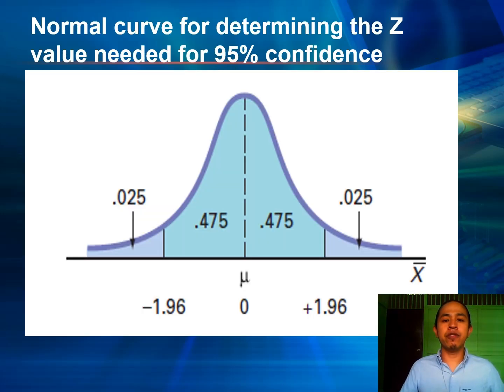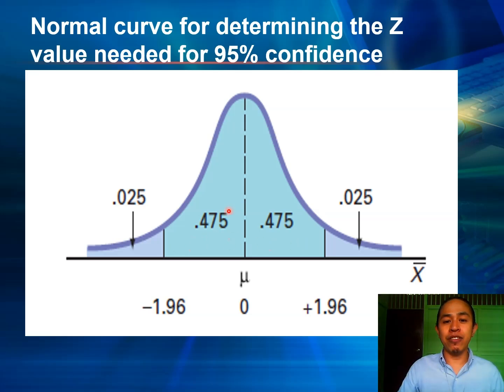Okay, the normal curve for determining the z value needed for the 95% confidence. This is what I have been saying to you earlier. If you can see there, 0.475 times 2. This 0.475 above the mean and 0.475 below the mean, if you combine them, is 0.95.